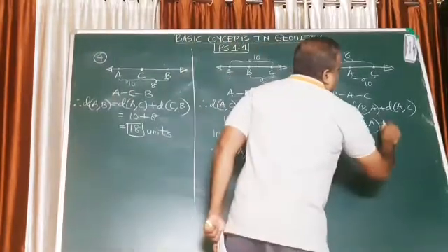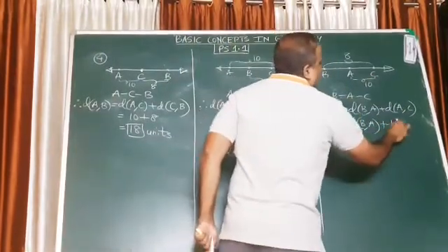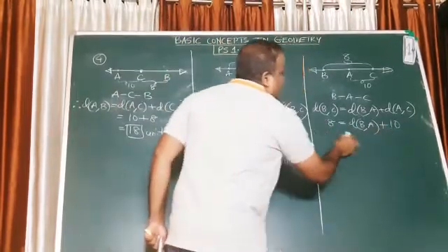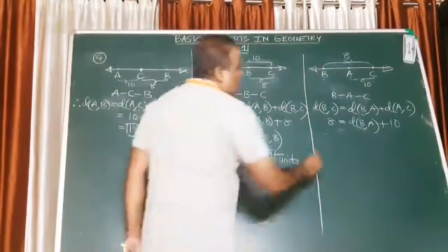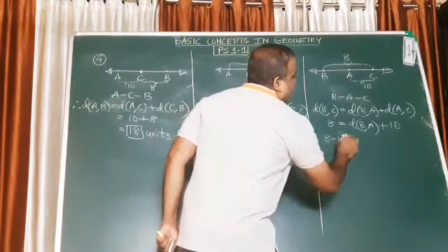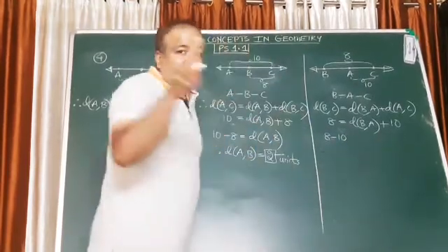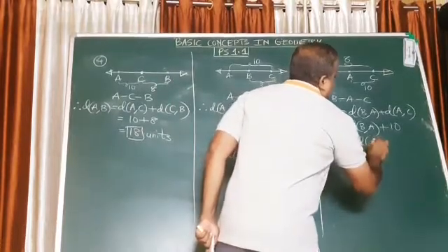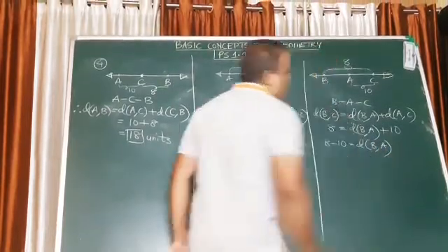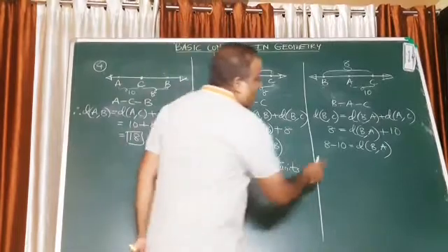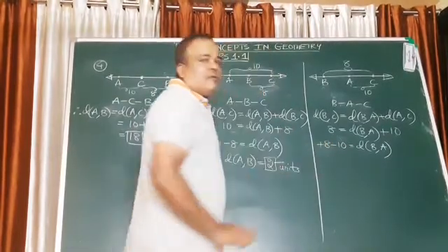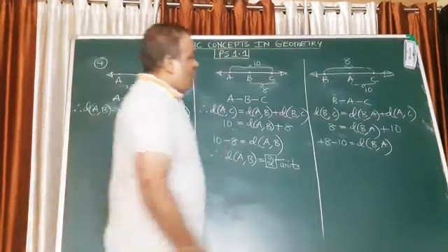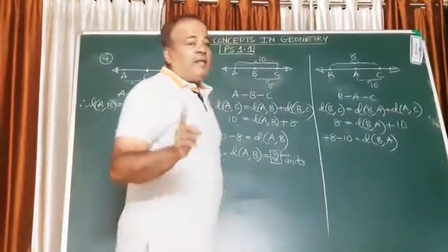Plus AC. What is AC given to you? 10. Now what will you do? You have to find BA, so you take this here. So what I'll get is 8 minus 10, and the plus 10 goes here and becomes minus 10. Fine. So what is plus 8 minus 10? I hope you know how to add and subtract integers. Plus 8 minus 10 is minus 2.